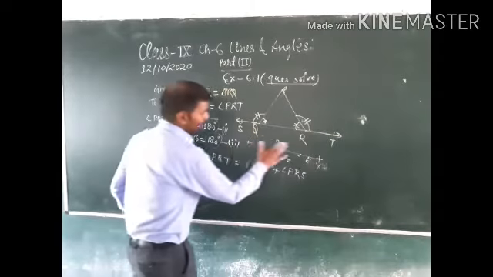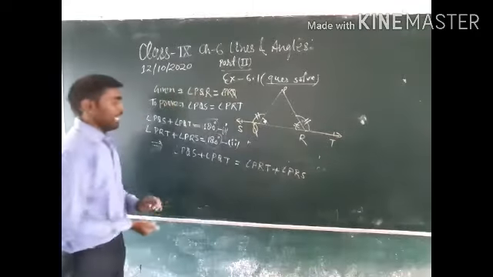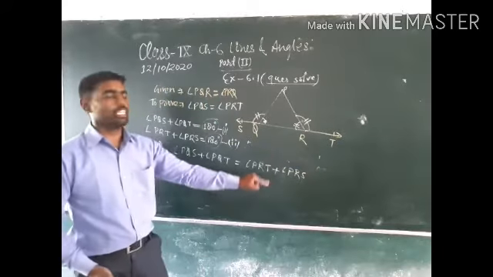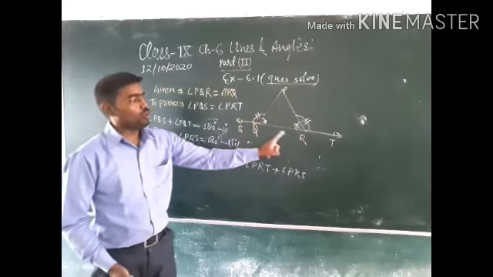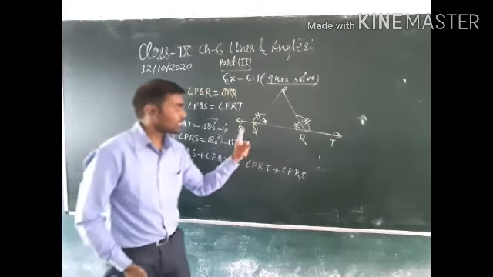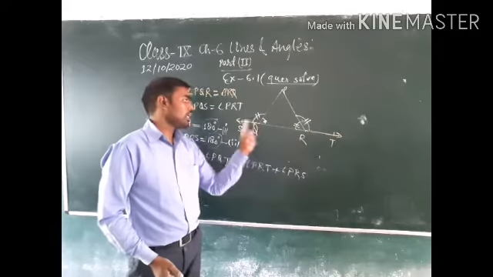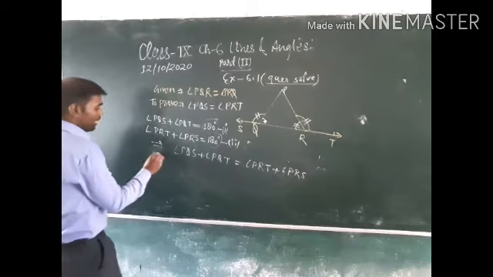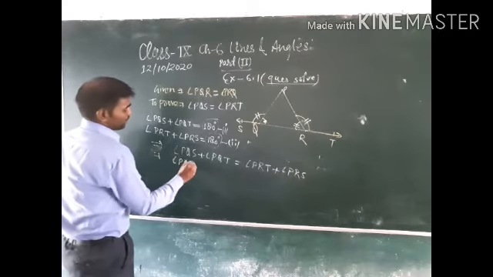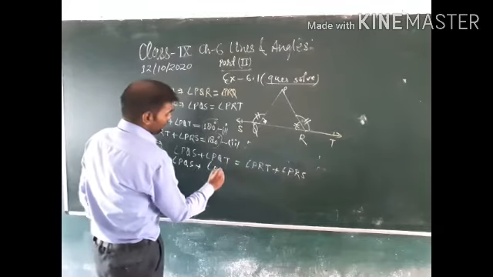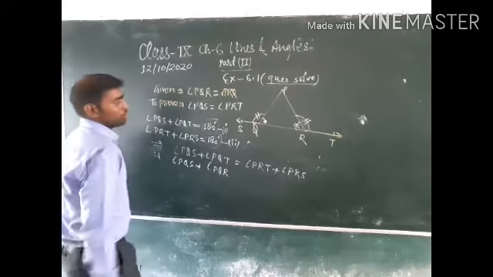So we can write angle PQT in the form PQR, because R lies on line ST. So angle PQS plus PQT can be written in the form PQR.